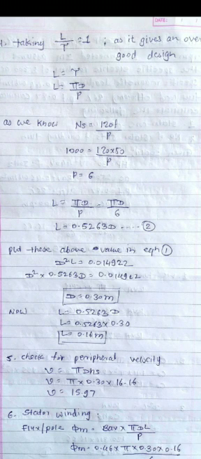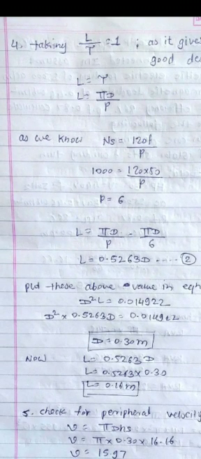Cross multiplying, L is equal to tau, and putting the value of tau, that is pi d divided by p. Now p is not given in the problem, so we have to calculate the p value.